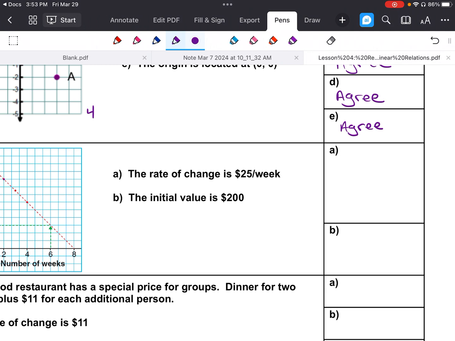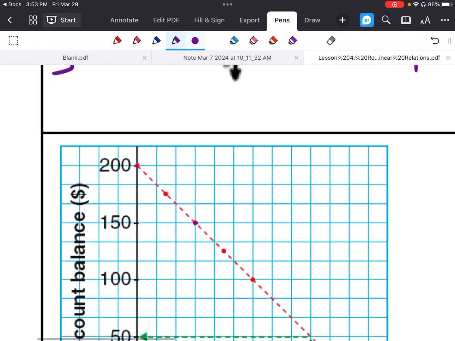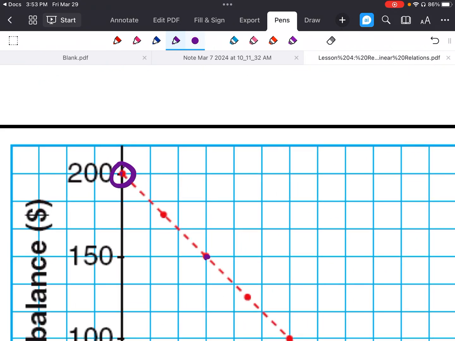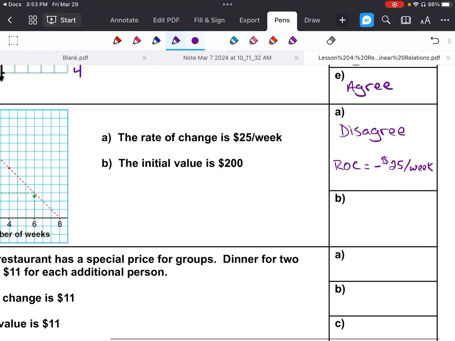So we are going to disagree with this. The rate of change is negative per week. The initial value is 200, so we can see here that on the y-axis, the line crosses at 200, so we will agree with that.